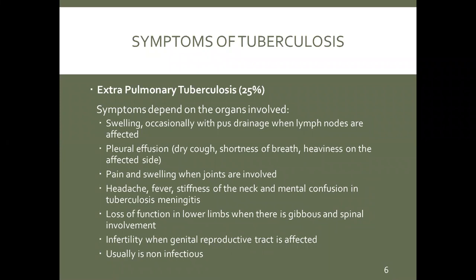Similarly, in case of spinal TB, the patient usually has low back pain, may have loss or decreased function of the lower limbs, bowel and bladder involvement, and on examination you can document gibbus. Gibbus is a specific prominent area of the spine which is produced because of fusion of two or more infected spines. Similarly, if the genital tract is involved, they may present with infertility in the teenage or fertility age group.